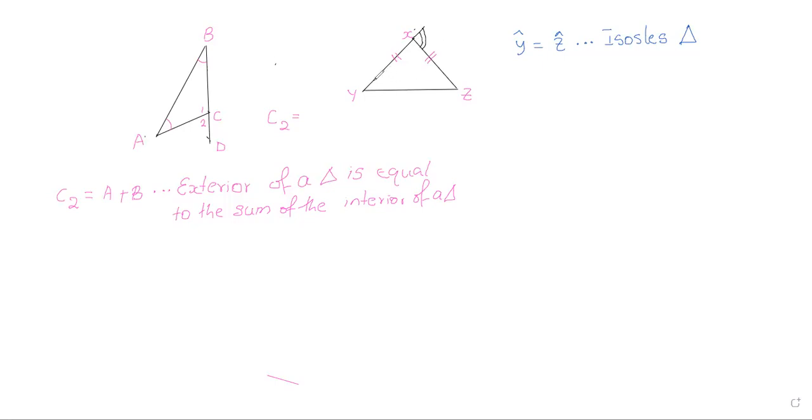And we know from the previous encounter with triangle ABC, this angle here will equal that angle there plus that angle there. The exterior angle is equal to the sum of the two interior opposite angles. Now I want us to extend this knowledge of isosceles and the exterior angle and look at figures in a circle.